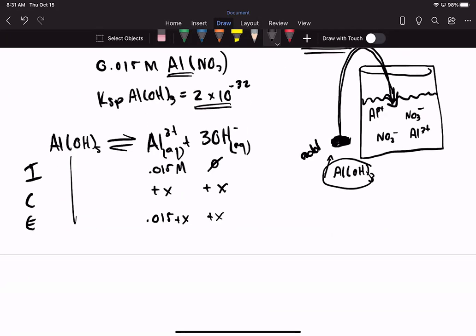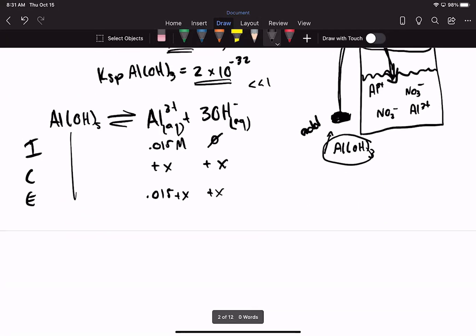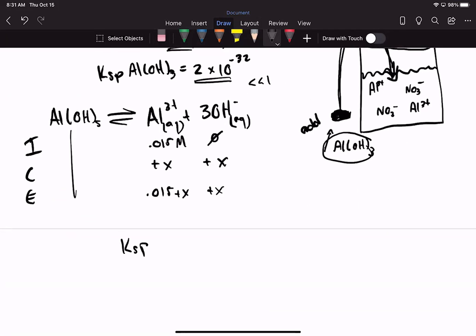and I'm looking at my KSP value, and my KSP is a lot less than 1. So I'm going to make an assumption here, and I'm not going to put 0.015 plus X, I'm just going to use the 0.015 here. So our KSP is going to equal, oh, let me make one correction here.